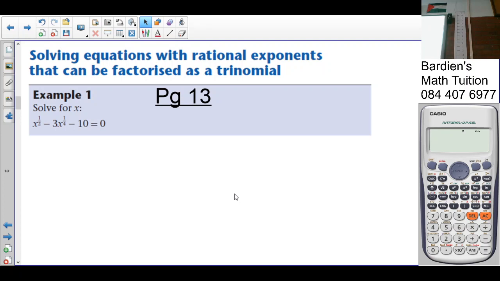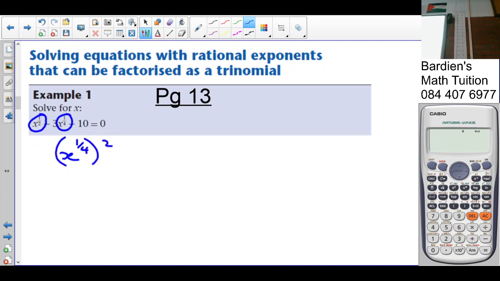Okay, so at this point, what we should note is that, as we did yesterday, using that substitution, the same idea is going to be implemented here. If I look at x to the quarter compared to x to the half, we know that x to the exponent half can be written as x to the quarter raised to the power 2.